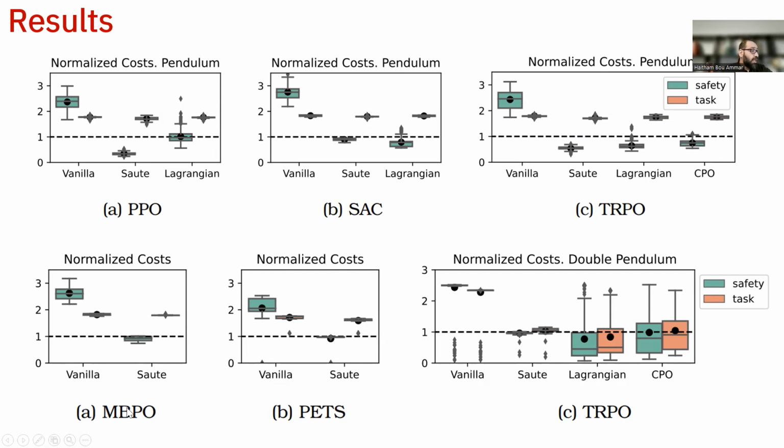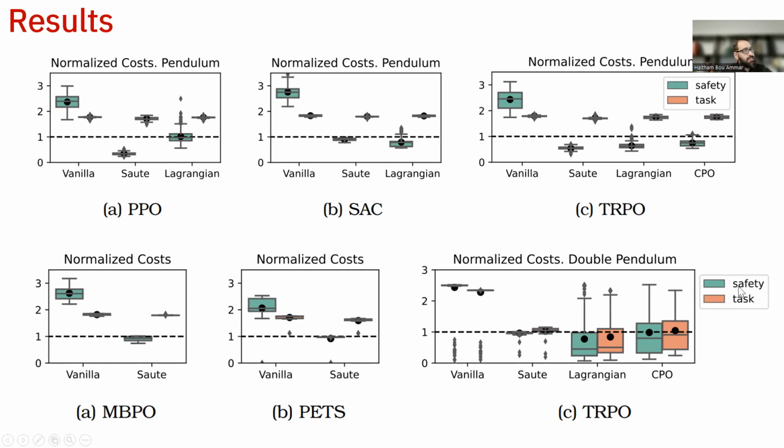This is also shown in model-based settings, so MBPO or PETS. In all of those, you can see that Saute is guaranteeing that we stay under our safety budget, or meet it, being feasible with respect to that, but at the same time has a good cost value with respect to the task itself.